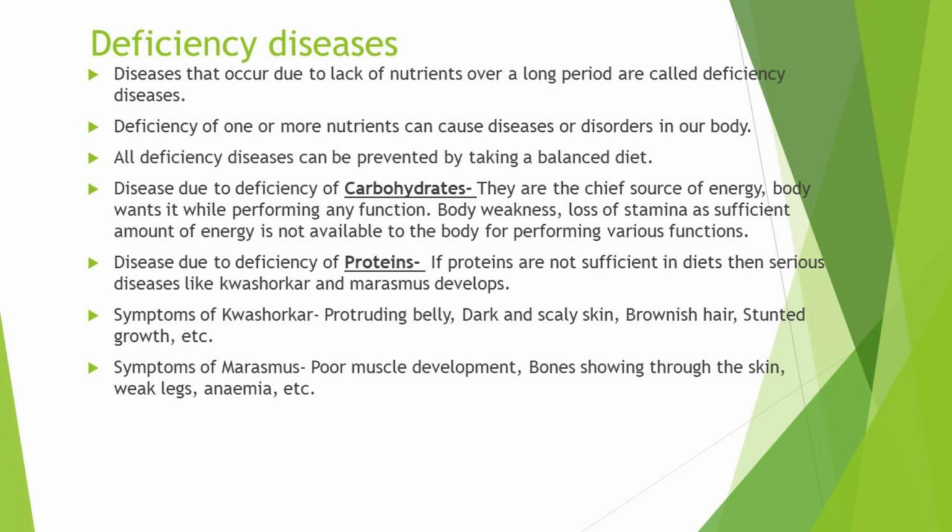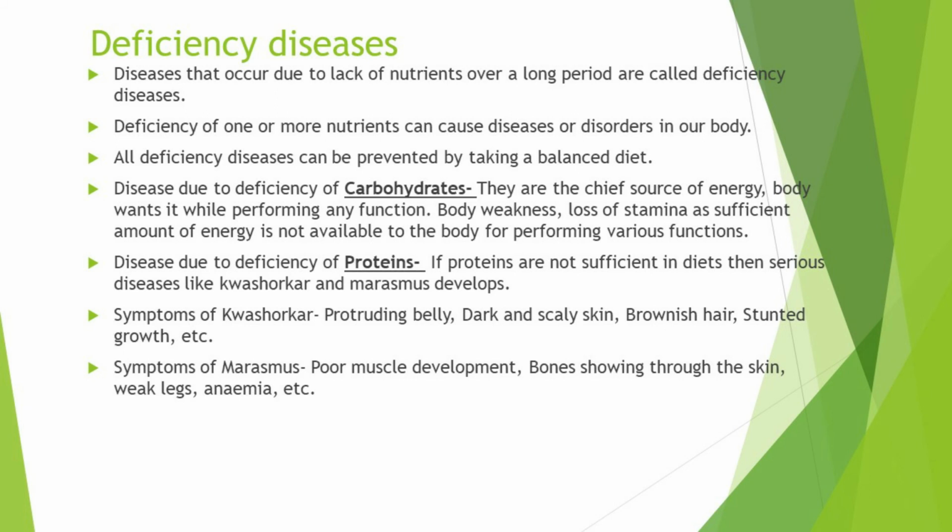Then hair becomes reddish and begins to fall. The body swells up due to retention of water. Limbs, especially legs, become thin and bony. And a large pot-like stomach is there and bulging eyes are seen. So this is due to deficiency of protein.